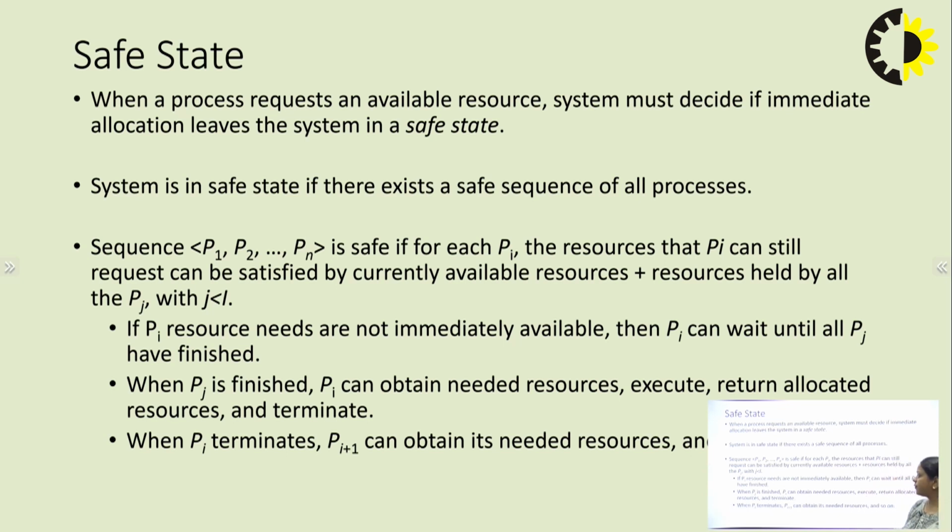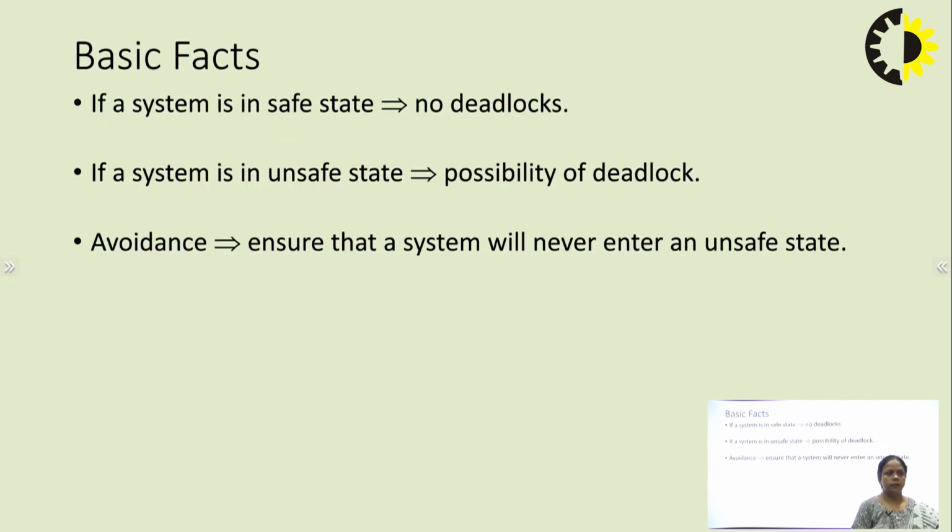When Pj is finished, Pi can obtain needed resources, execute, return allocated resources and terminate. Right? When Pi terminates, Pi+1 can obtain its needed resources and so on. So this way we can find out the safe sequences in the processes. Then if the sequence is safe, we will allow allocating the resources to the processes.